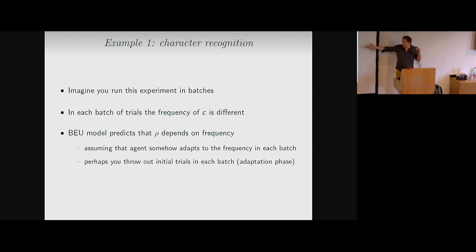This Bayesian expected utility model predicts that the choice frequency will depend on the frequency of characters in the batch, which we can assume is the prior of the agent, or is related to the prior of the agent. So maybe we're going to throw out some initial trials in each batch, call it a training phase, throw out the first 1/3 of trials and look at the 2/3, when the agent is accustomed to the frequency.